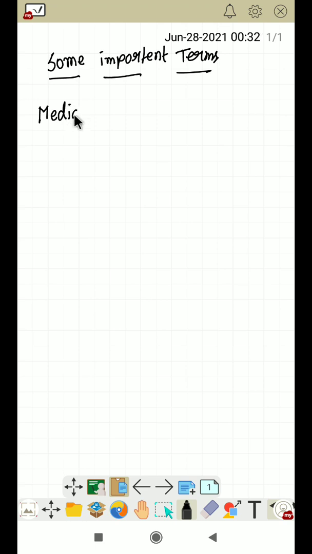So, what is median? Suppose this is a triangle A, B, C. The midpoint of BC is suppose here D. The median of this triangle will be AD.